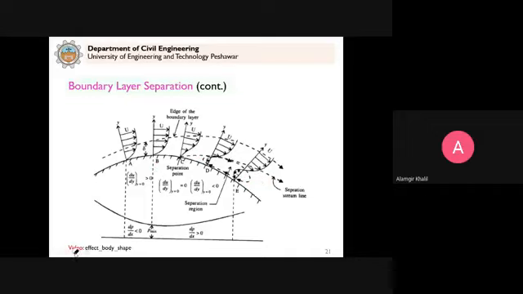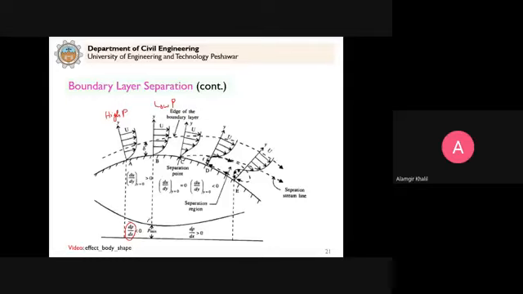what we see here is that when the fluid moves from A to B, the pressure gradient is negative. It means that we are moving from high pressure, what we have here, to low pressure at this point, which you can see even from this diagram.